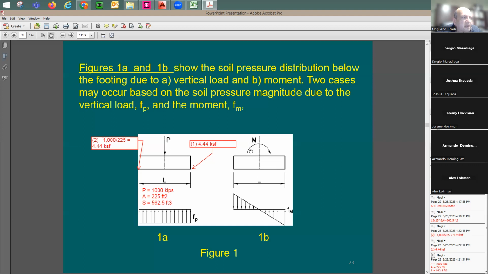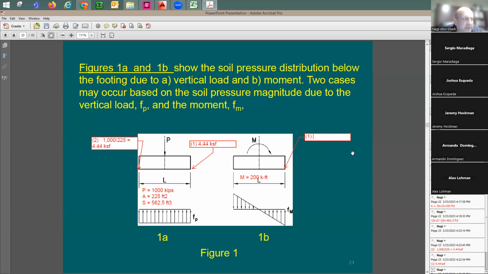All right. Now, I'd like you to consider some moment. So I'm going to put here some moment value. I'm going to say M equals 200 kip-foot. Now, these two points, this point here, I'm going to call it also 1.